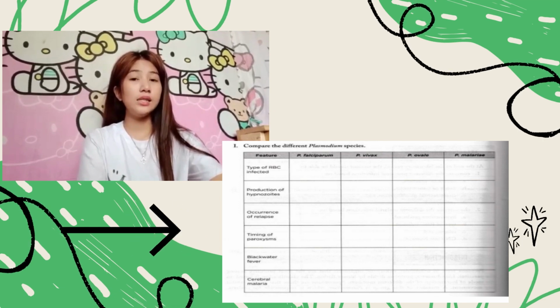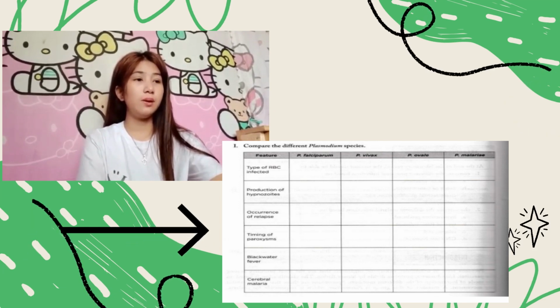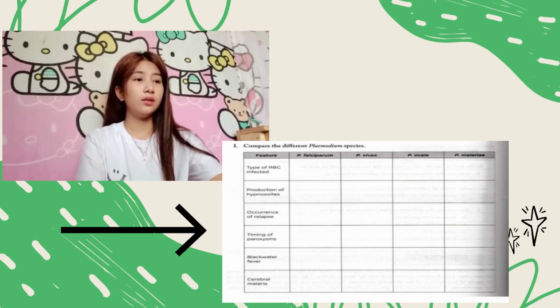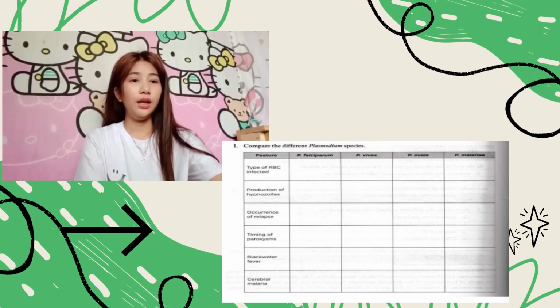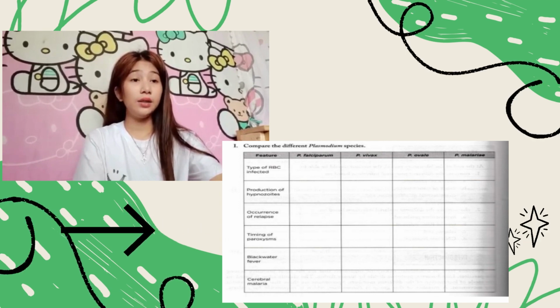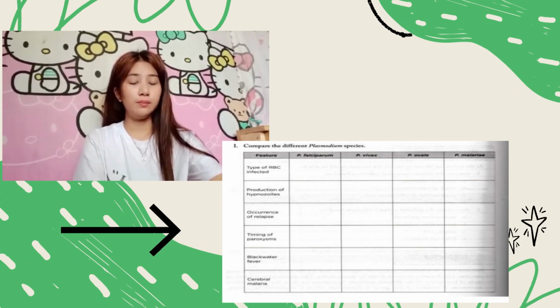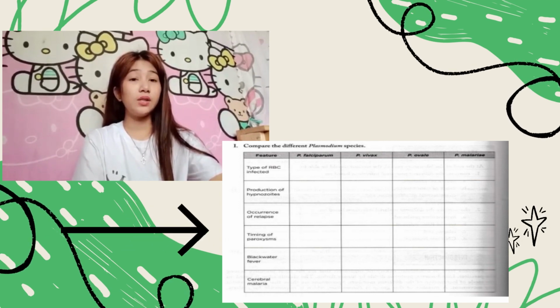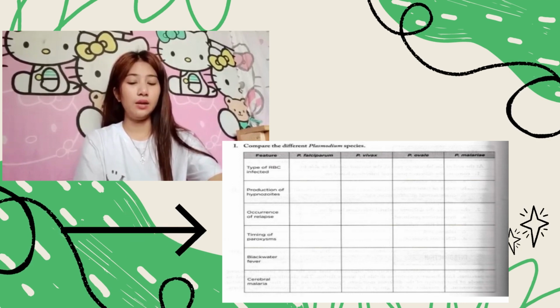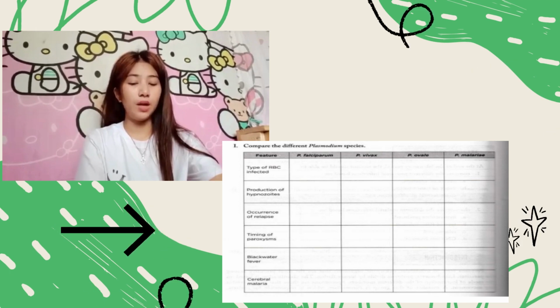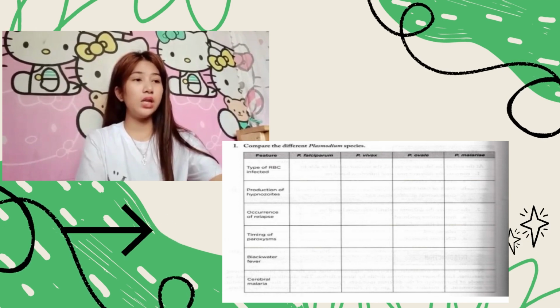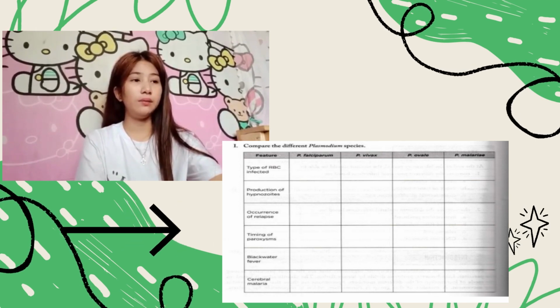The characteristic manifestation is fever, chills, and fatigue. For the parasite Trypanosoma brucei, the source of infection is the tsetse fly, while the mode of transmission is insect bite, and the characteristic manifestation is weekly fever.